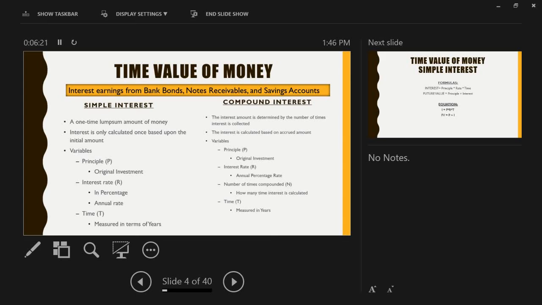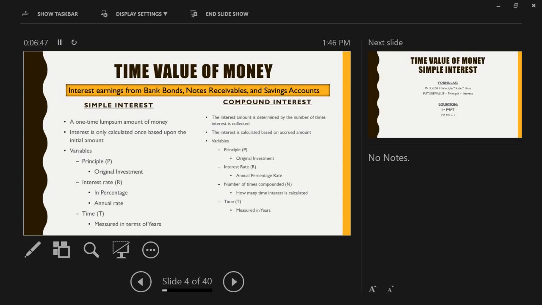Now, what simple interest does is it only calculates interest one time. So again, simple interest means you're only calculating interest one time. I'll talk about that when we move into the problem.